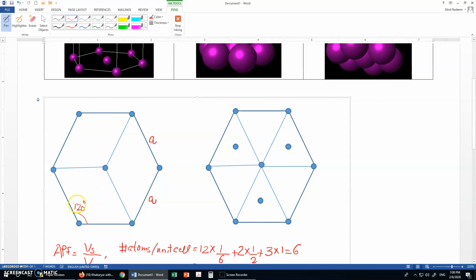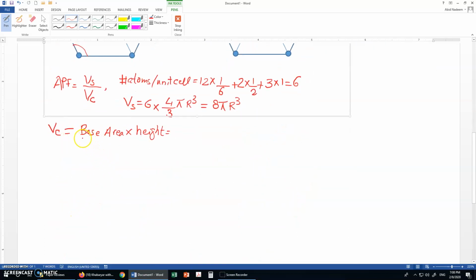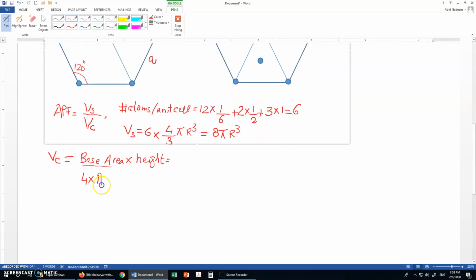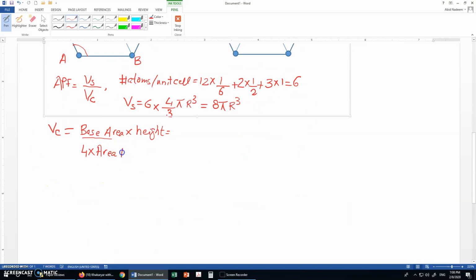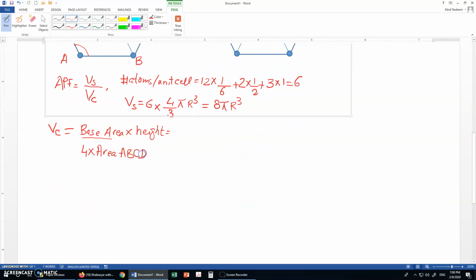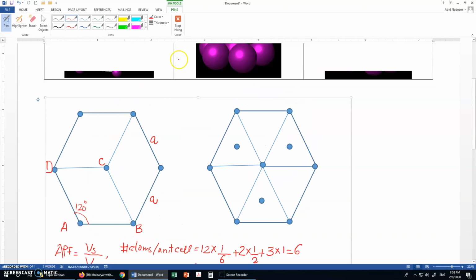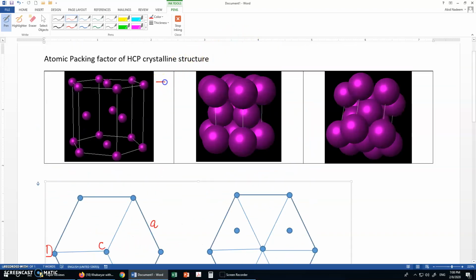So the base area is equal to 3 times the area of the parallelogram. If I name this parallelogram ABCD, it is 3 times the area of ABCD, times the height, which is from here up to here, and the height is taken as c.